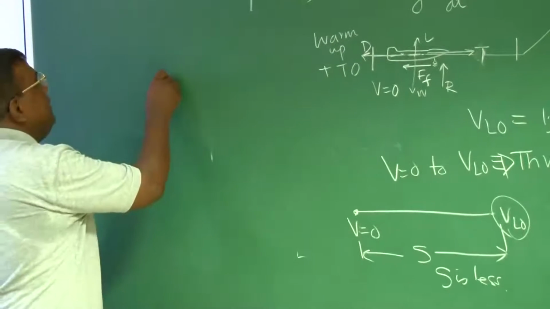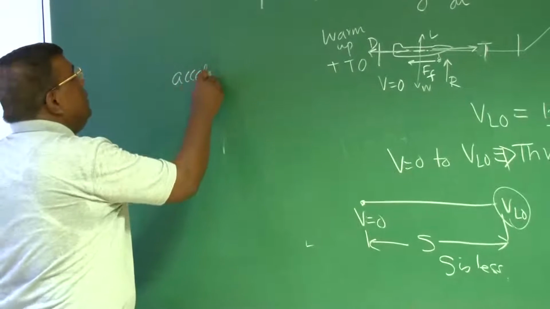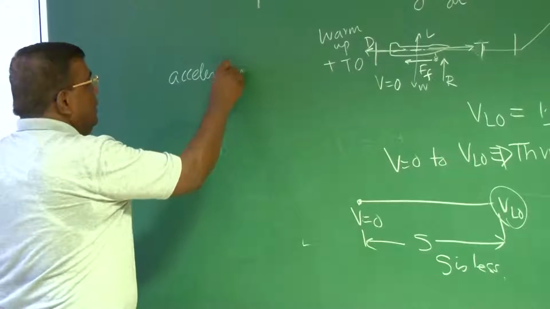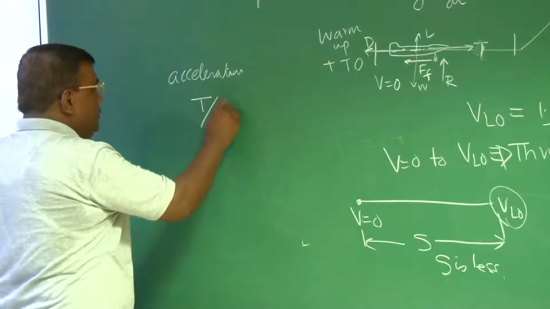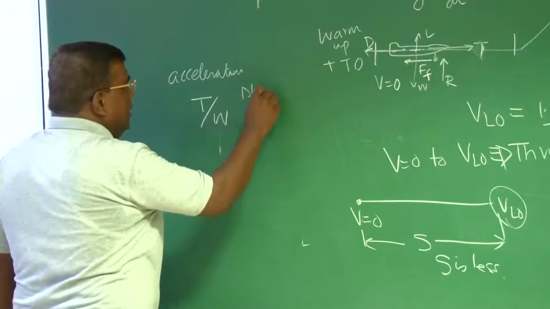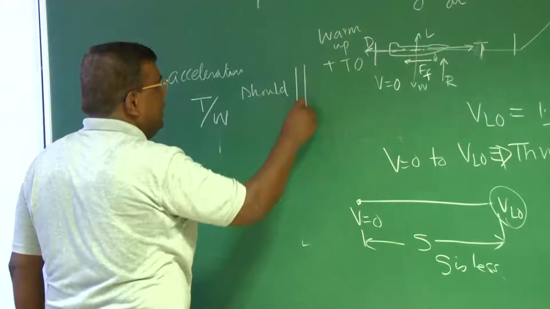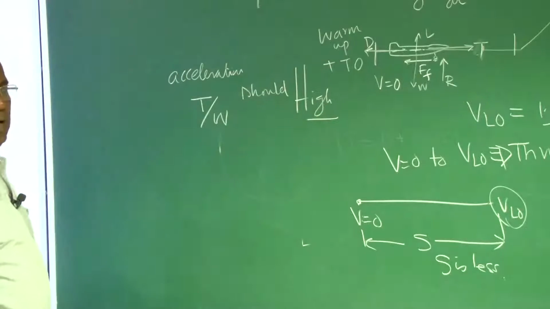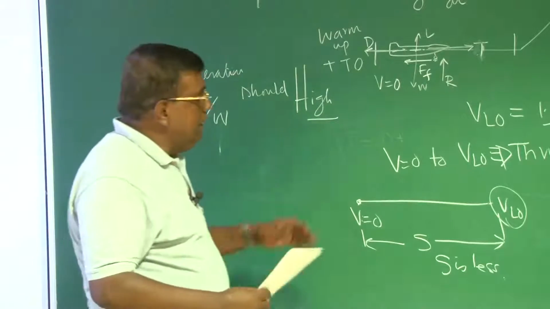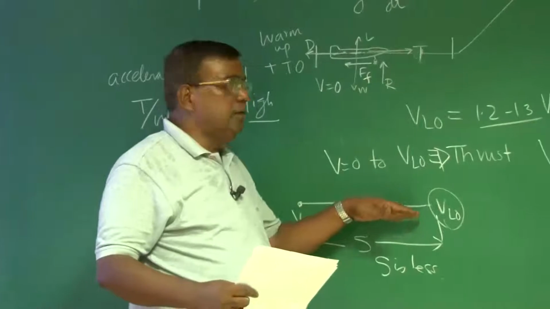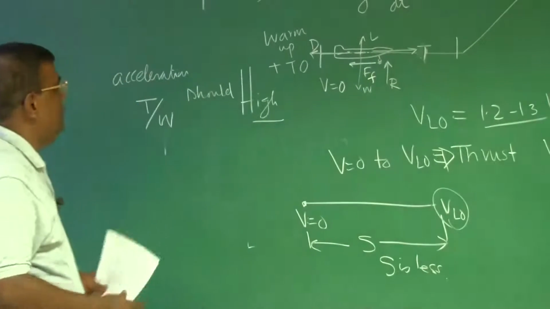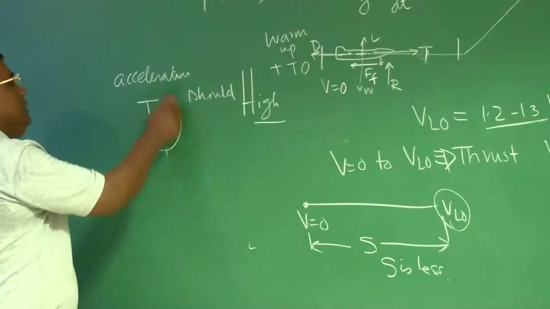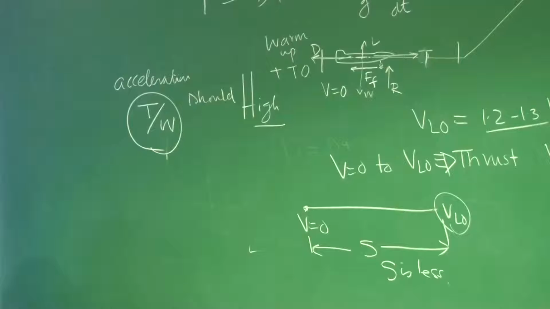Larger acceleration means T/W should be high. This is important. If T/W is higher, then it will have a shorter distance for takeoff. So T/W plays an important role in affecting the takeoff distance.